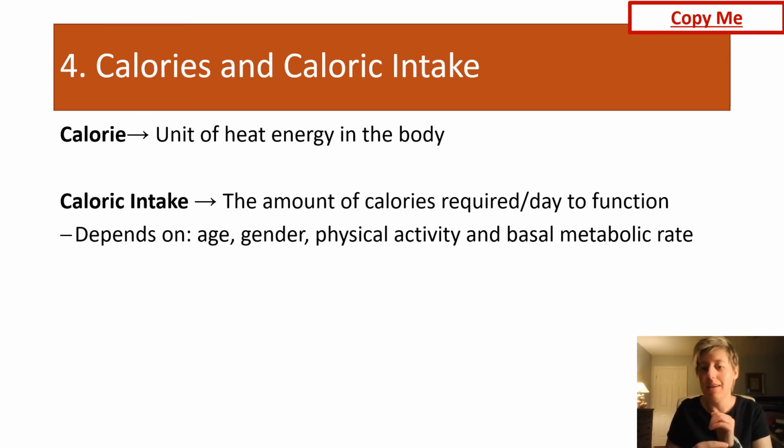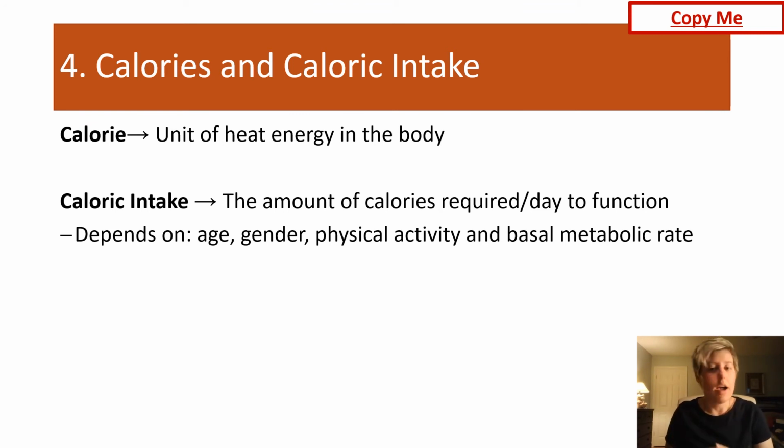Now, the caloric intake is not constant. It's not the same for everyone, and it depends on a lot of factors. It depends on age, gender, your physical activity, and it also depends on your metabolic rate. So your metabolic rate is how fast you process food.